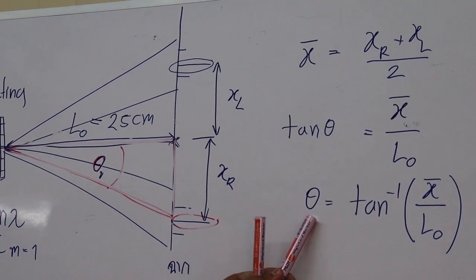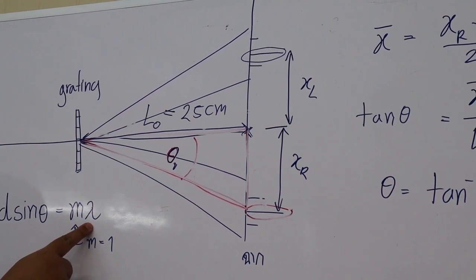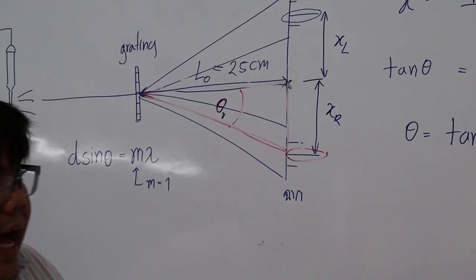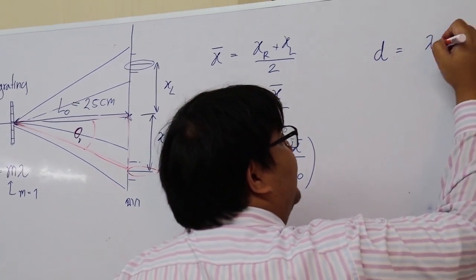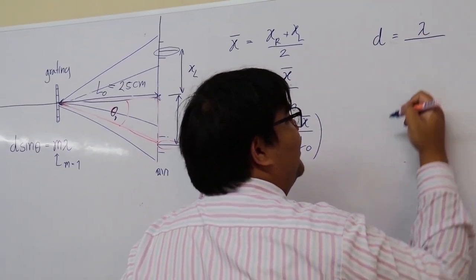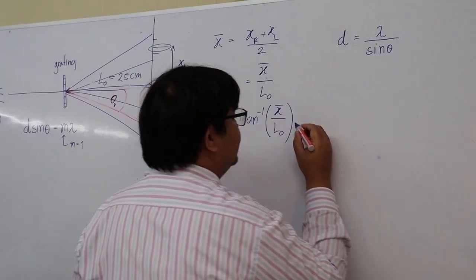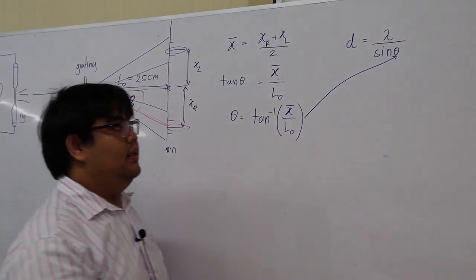After you know the angle theta from this equation, if I tell you lambda, you can calculate d. From this equation, d equals lambda, because m is already 1, over sine theta, where theta comes from the previous equation.